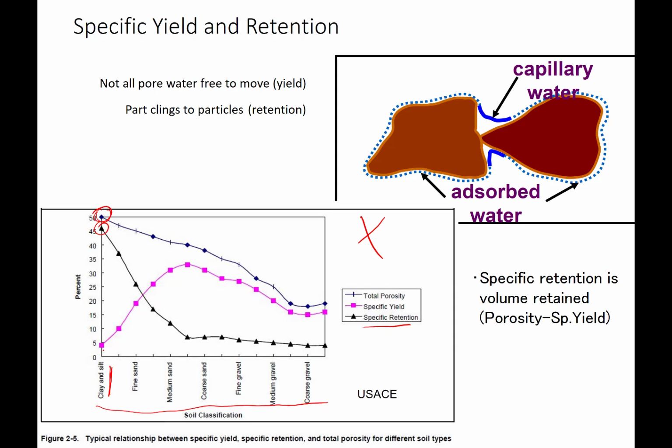In other words, you would only get a specific yield of, say, 5% of the total. So obviously, the types of aquifers that are going to be most beneficial for things like storing groundwater and managing groundwater are going to be those particles like sand, gravels, and so forth, where you can get a very high specific yield and a low specific retention.